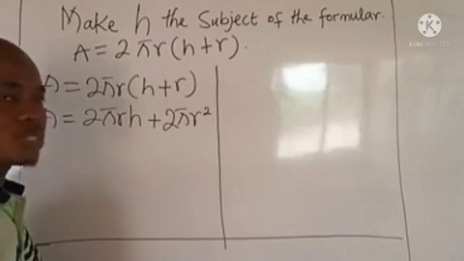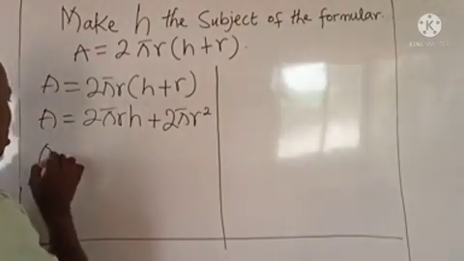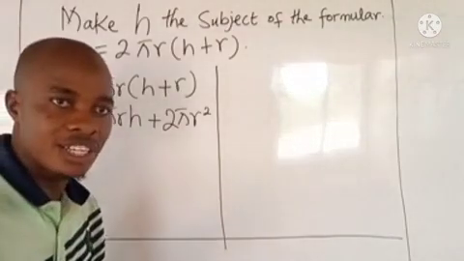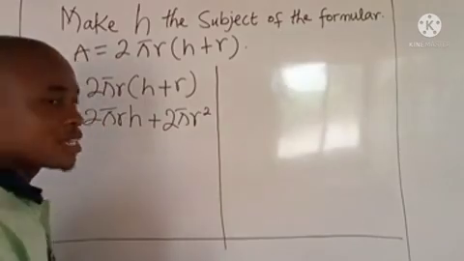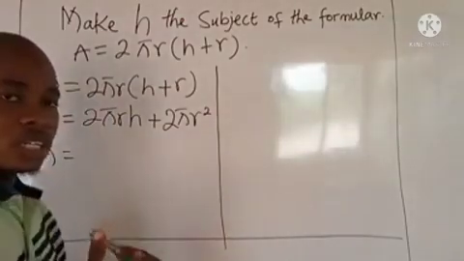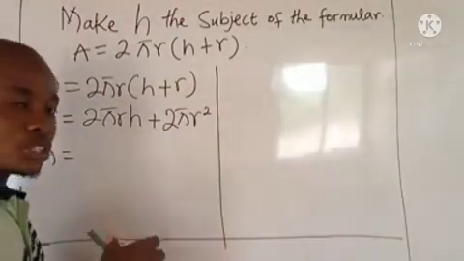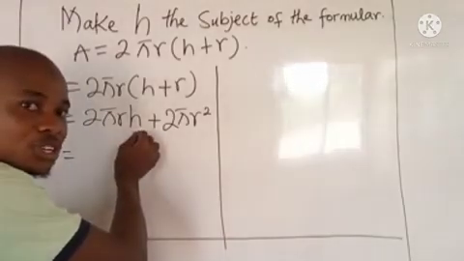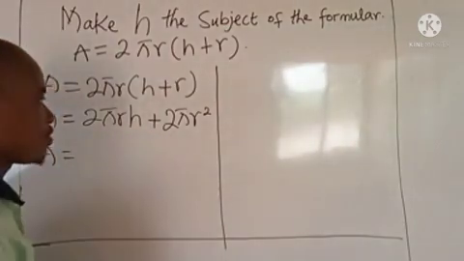So now what's the next thing we are going to do here? We are trying to make h stand alone as the subject, as the king of this formula. Are you getting that? Changing it from A. You want to dethrone A, are you getting now, and make h the subject, the king of this formula.